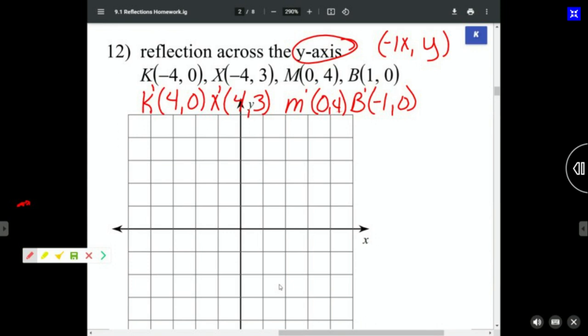Negative 4, 0. Right there, yes? That's my K. Negative 4, 3. X. 0, 4. M. And 1, 0.